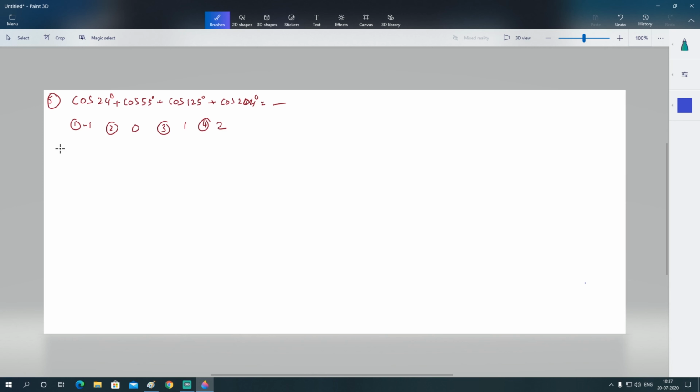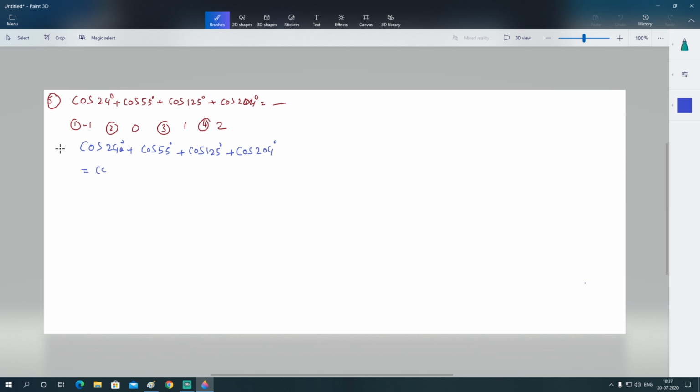Next, cos 24 plus cos 55 degrees plus cos 125 degrees plus cos 204 degrees is equal to dash. Here it is given cos 24 degrees plus cos 55 degrees plus cos 125 degrees plus cos 204 degrees.